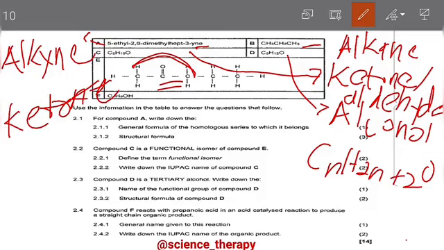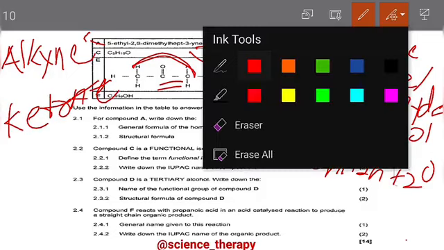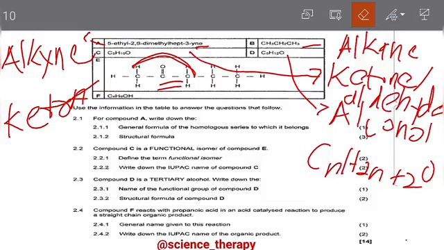And then we have F. Let me just erase here. So our C is C4H9OH. Now the OH is telling us that this is an alcohol.